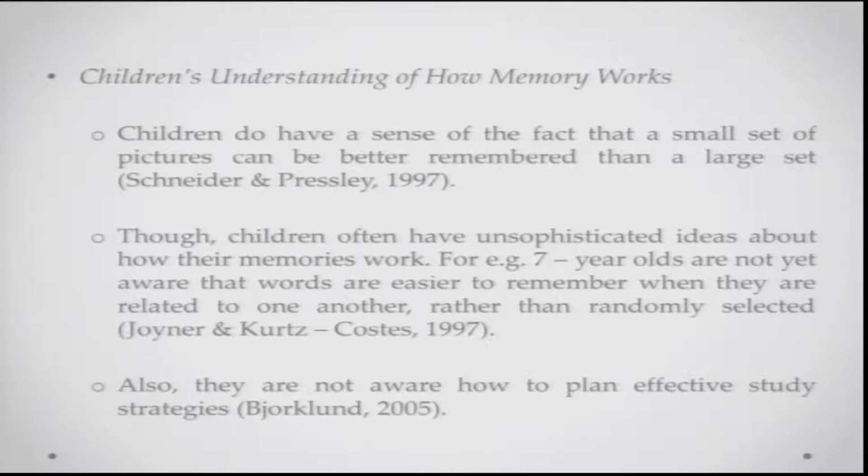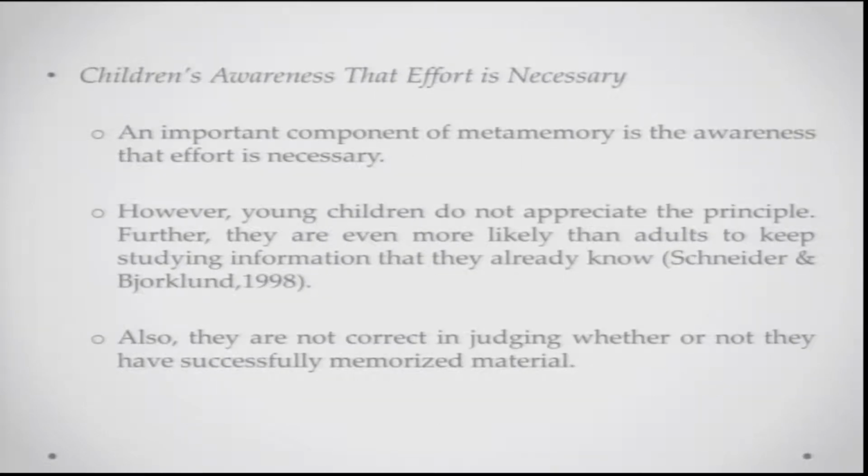For example, 7-year-olds are not yet aware that words are more easily remembered if they are associated with each other as compared to if they are randomly selected. Also, younger children are not really aware of how to plan an effective study strategy so that they could remember information better. Another meta memory aspect is the awareness of the fact that effort is necessary.